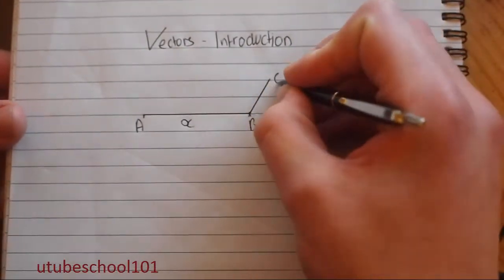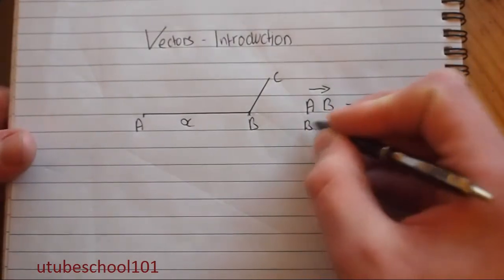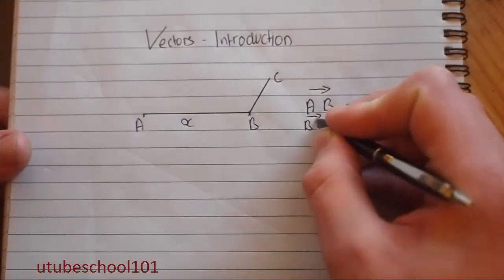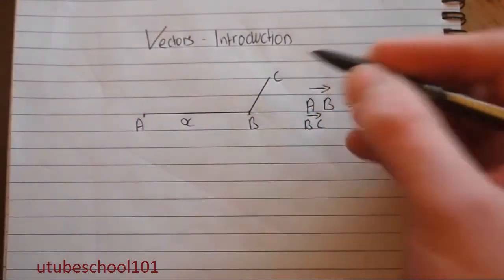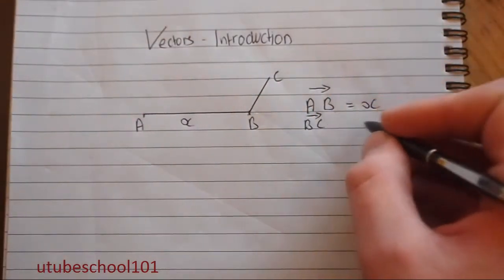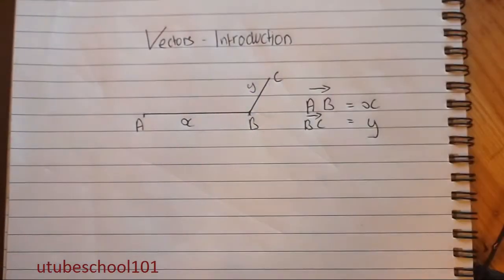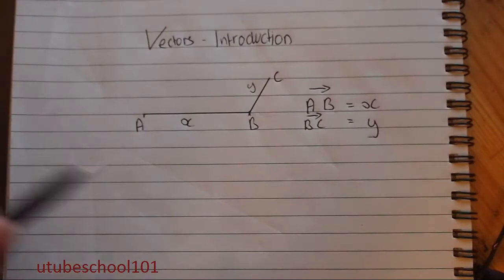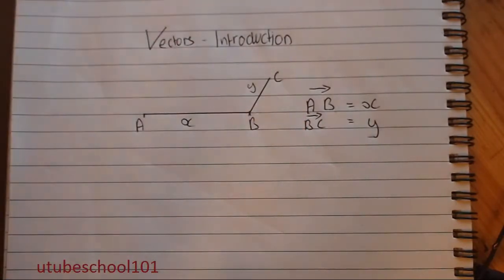So you could say you wanted to move to C. So B to C, remember it's this direction, so only in this direction is that B to C. That's worth Y. So say we wanted to get from A to B to C, we could write out both of these vectors and add them together.